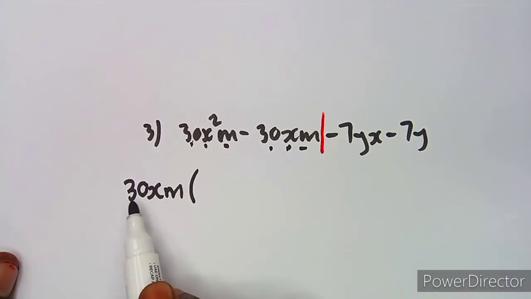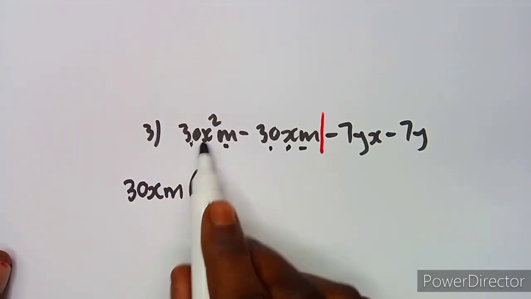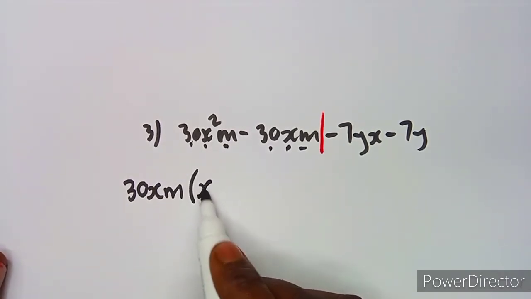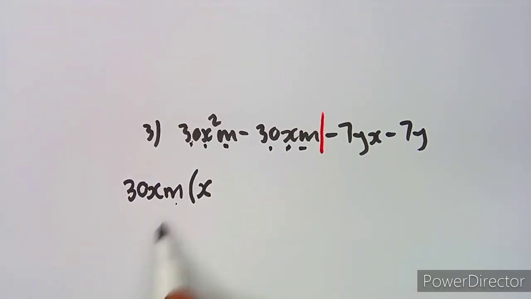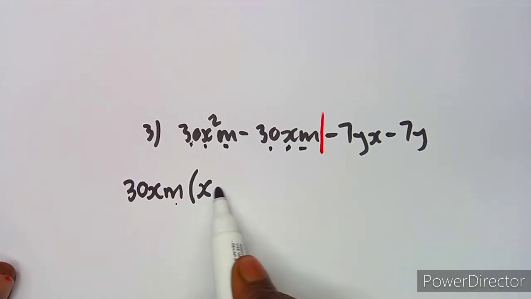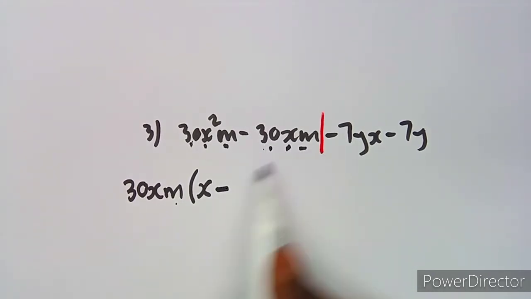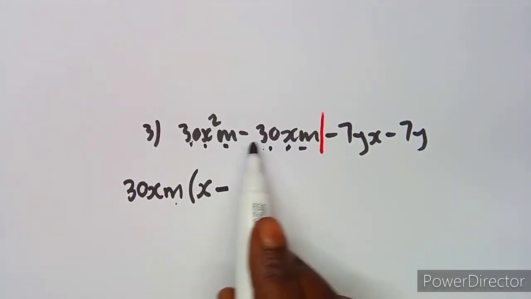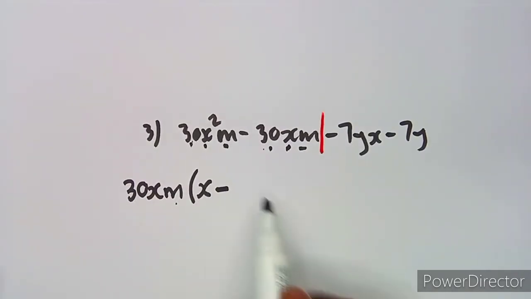We divide 30 divided by 30, they cancel. X squared divided by x, which is x. M divided by m cancels each other because they are the same. And as you can see, we're going to be left with minus 30xm. This is 30xm, so these two definitely will cancel, which means you're going to be left with minus 1, like that.